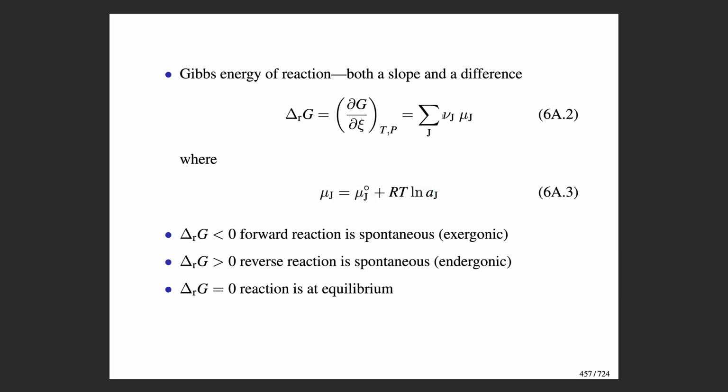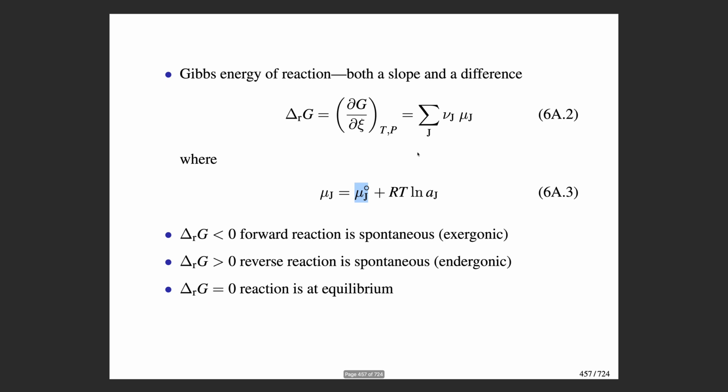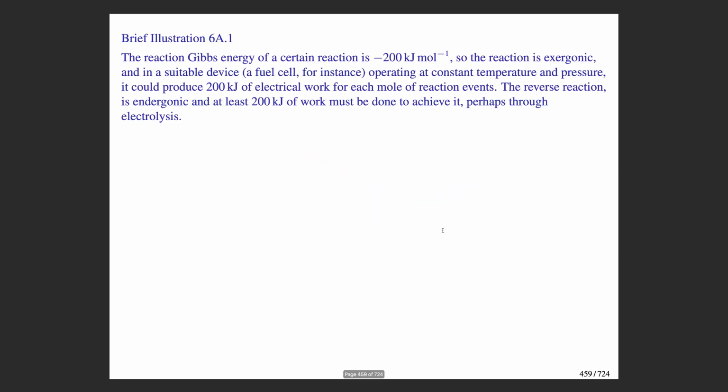Okay? So when you substitute for this chemical potential, you're going to wind up with the sum of the standard chemical potentials. And then you're going to have a second sum involving a sum over the natural logs. And if you use the rules of natural logs, you can write that sum of natural logs as the natural log of products and quotients.